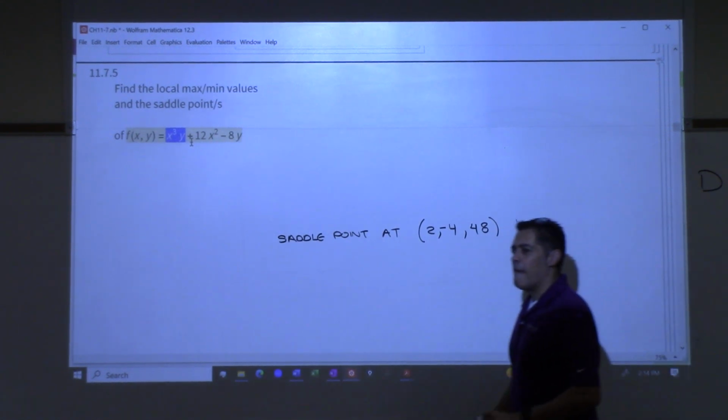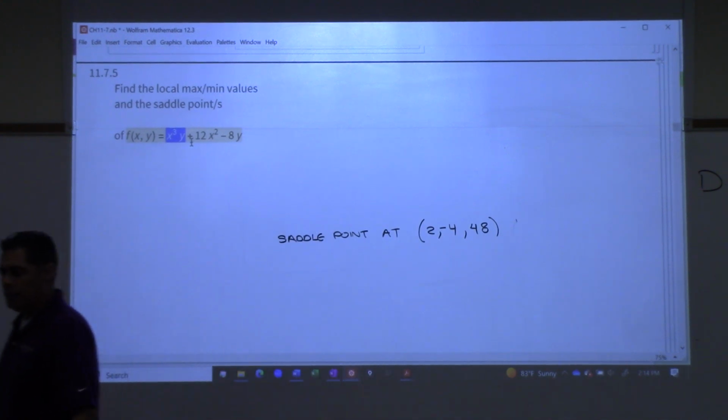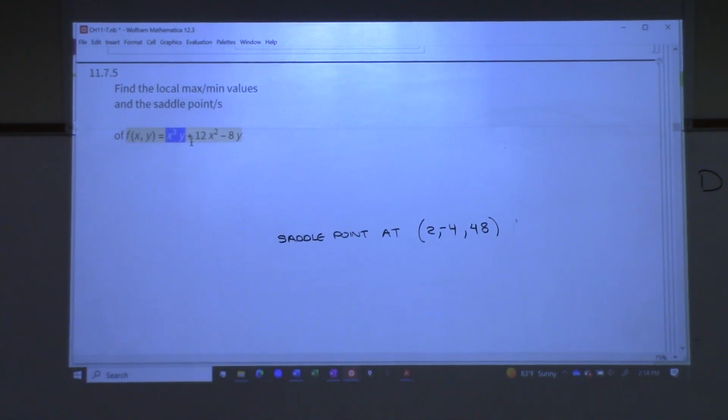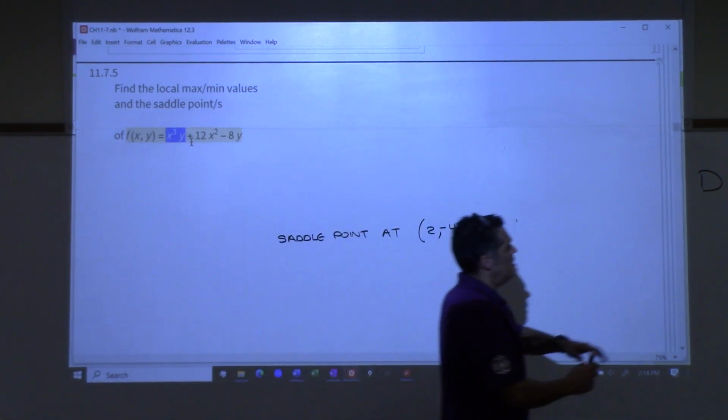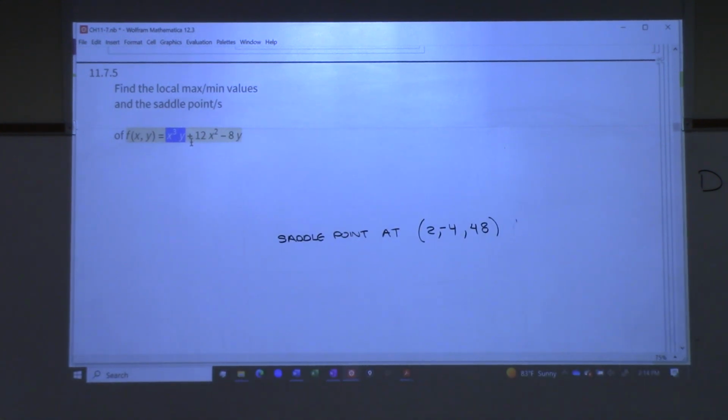Is there ever an exception where you will just never get a saddle or a local min or max? Yes, there is a situation where the test would be inconclusive. And that would be when, if this was 0 and that was 0, then everything would be 0, right? Or if that was 0 and that was 0, then everything would be 0.